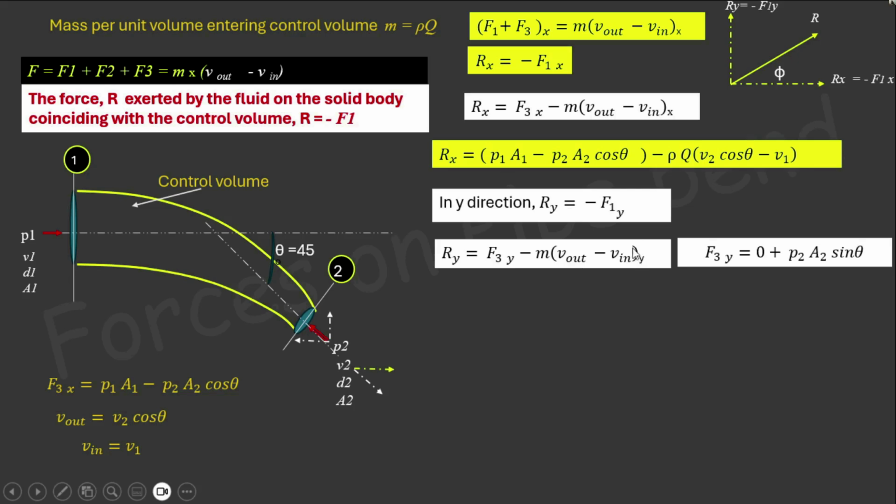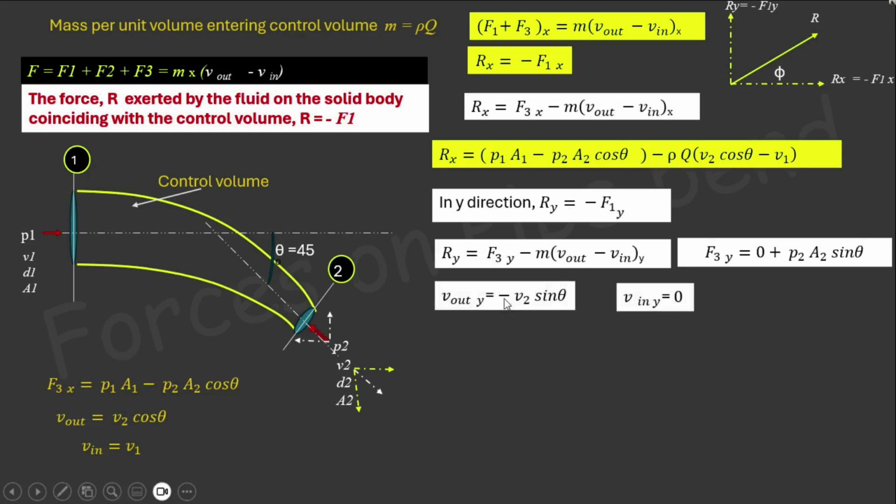Similarly, there is no component of the velocity in y direction at the section 1, so this is equal to 0, and V out is V2 sine theta, but it is in the opposite direction. So V out equal to minus V2 sine theta.